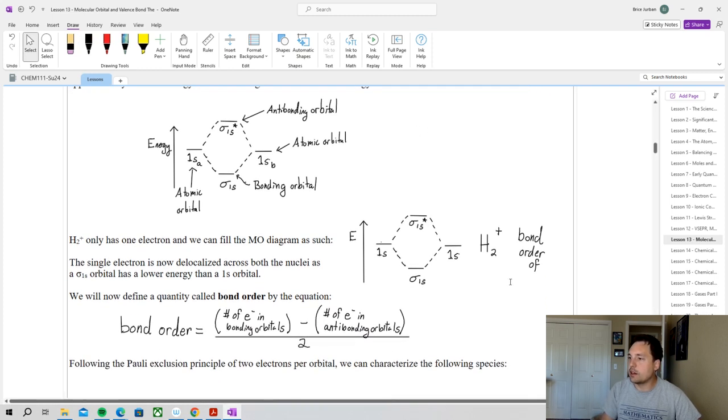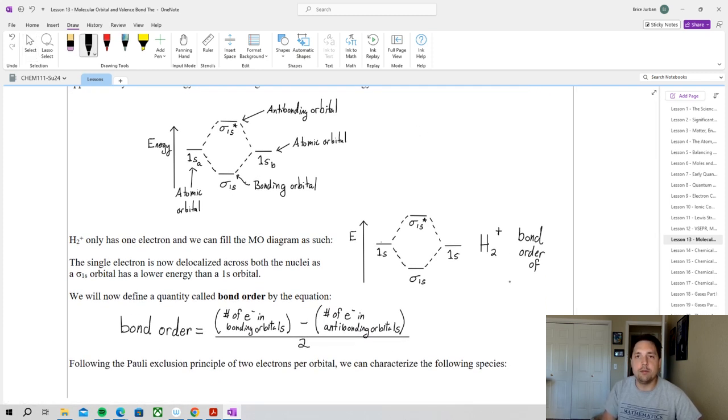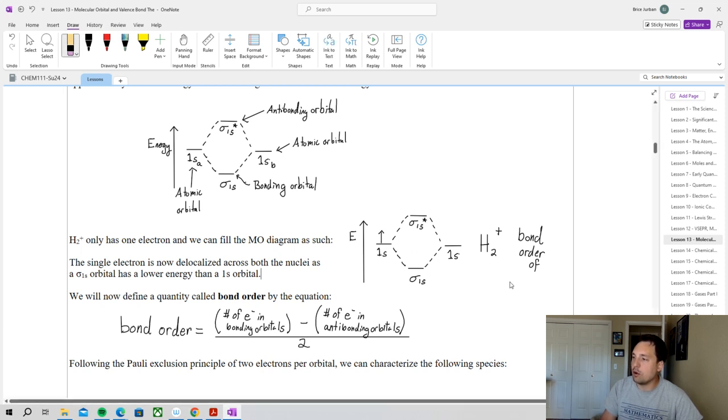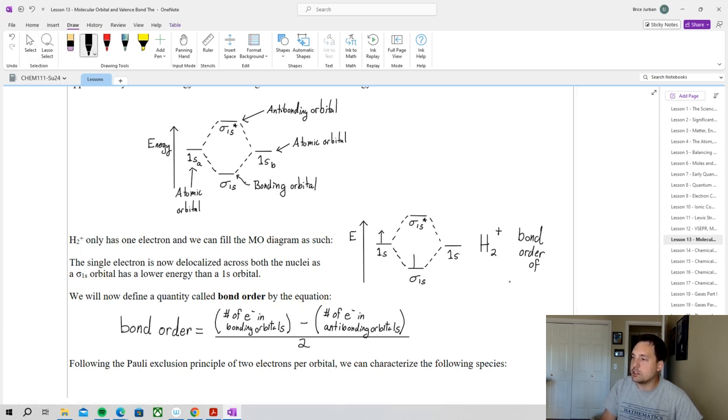For the hydrogen molecular ion, we can fill out this molecular orbital or MO diagram by indicating that one of the atoms is going to have an electron. The other atom is not going to have an electron to share because there's a positive charge. And then that electron will automatically go to fill the lowest energy state, which will be the sigma 1s orbital right here.